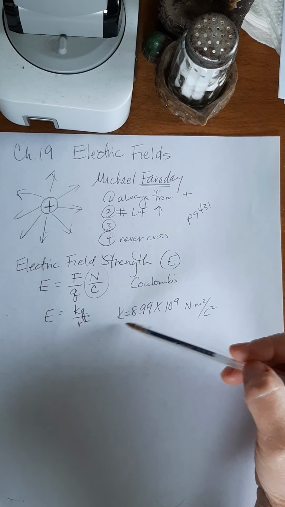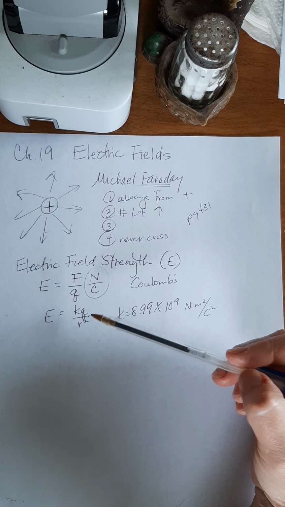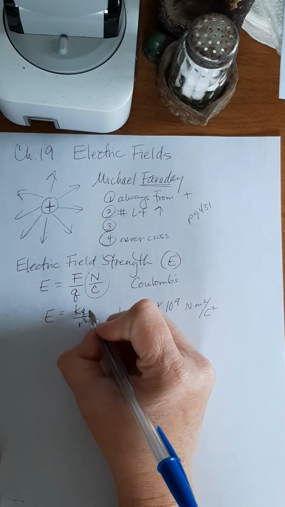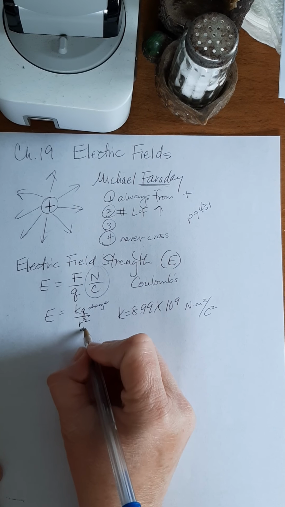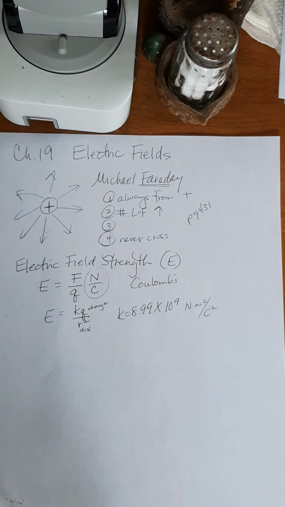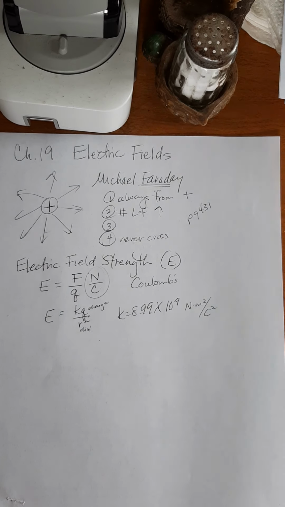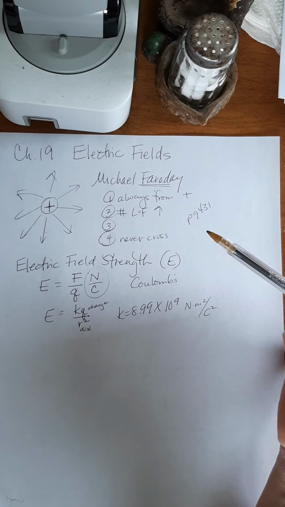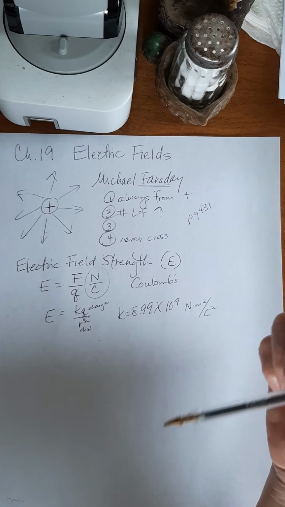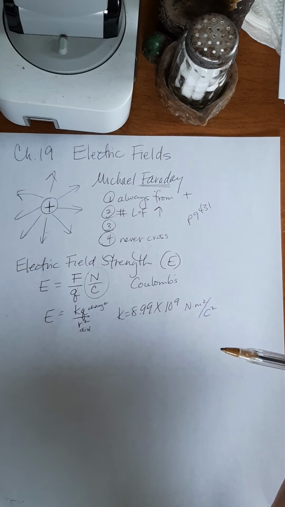But that's what K represents, Q, of course, charge, and R, of course, distance. So the way you know which formula to use has to do with what they give you. So even though there's several formulas, they're not that hard to deal with.